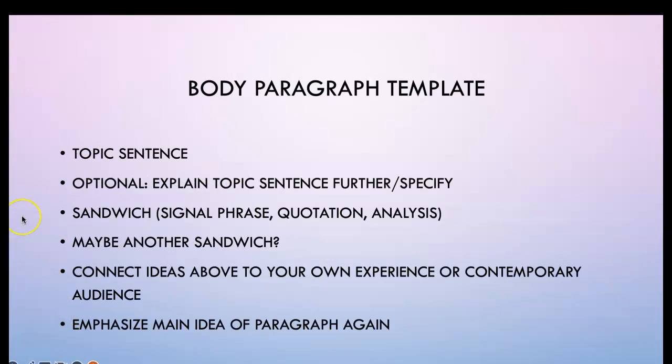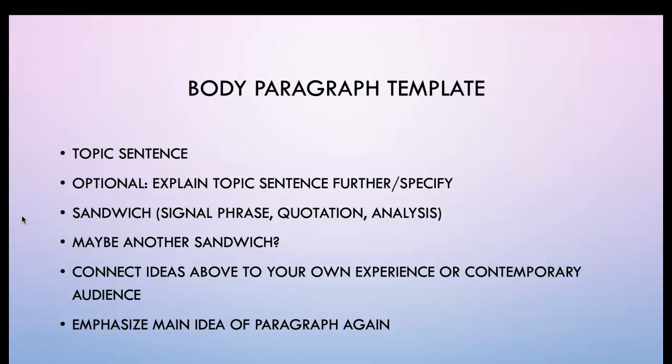For the body paragraphs, they should all have the same structure. Begin with a topic sentence. If it makes sense to you or you'd like to do this, in the next sentence you can explain or specify the topic sentence further. Follow that with a sandwich where you have a signal phrase, a quotation from the novel, an analysis of how it connects to your point. Maybe include another quotation sandwich.